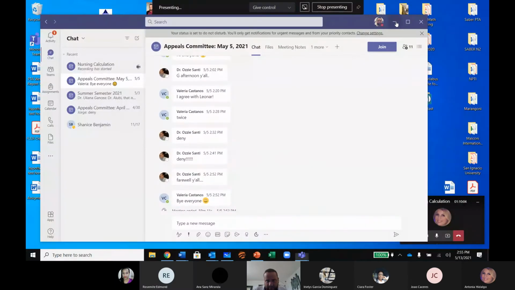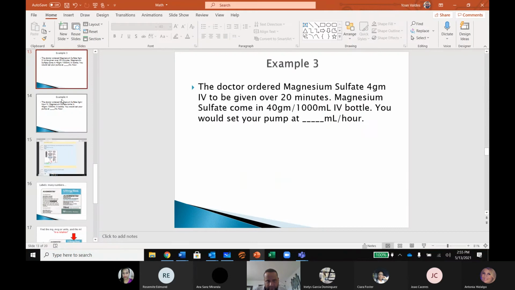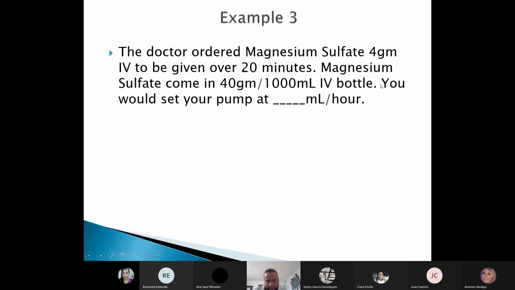A 5 ml per hour? I'm not sure if it's correct. It's confusing because they're telling you that he ordered 4 grams over 20 minutes, but then they're asking you for ml per hour.